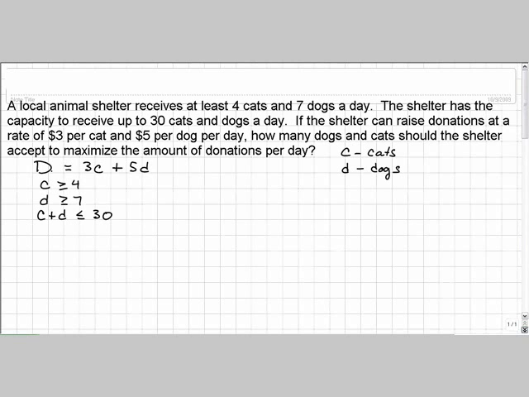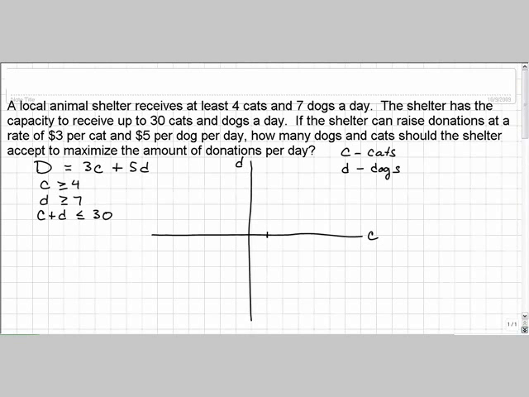So we have our function that we're trying to maximize, and we have our constraints. So let's draw the graph. All right, C we'll put on the horizontal axis, and D we'll put on the vertical axis. So C must be greater than or equal to 4.